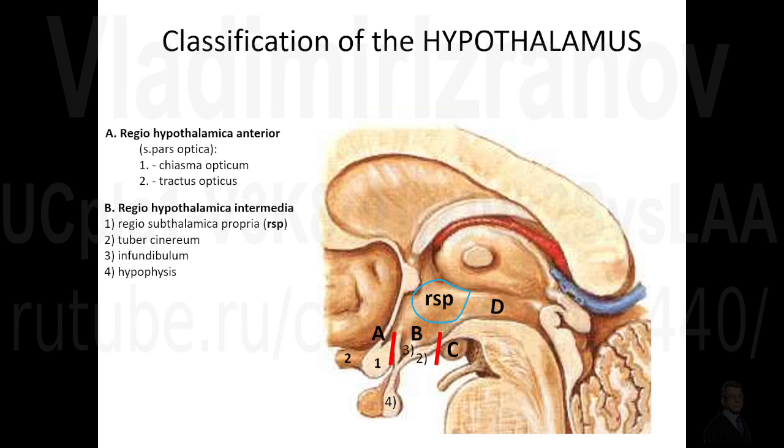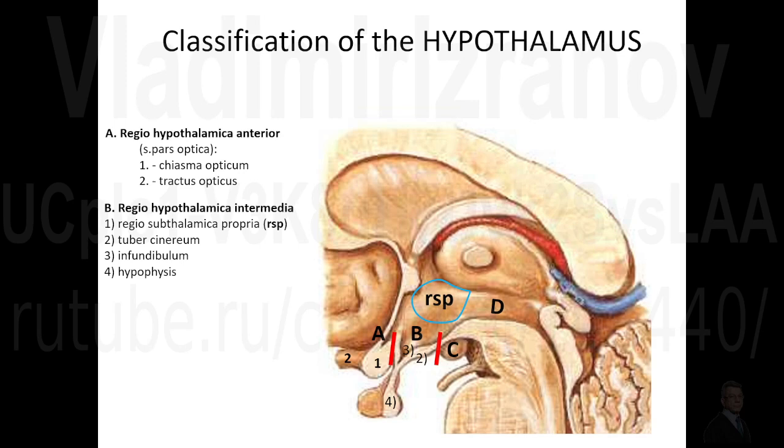The anterior lobe is depicted in dark brown color. This is adenohypophysis. The anterior lobe, or adenohypophysis, develops from the epithelium of the dorsal wall of the oral cavity in the form of finger-shaped outgrowth, so-called Rathke pocket.